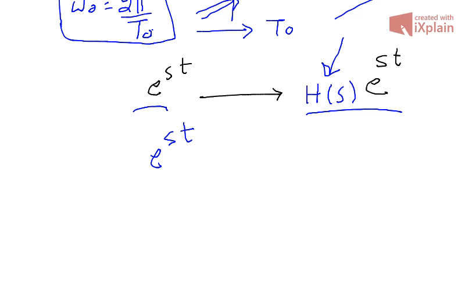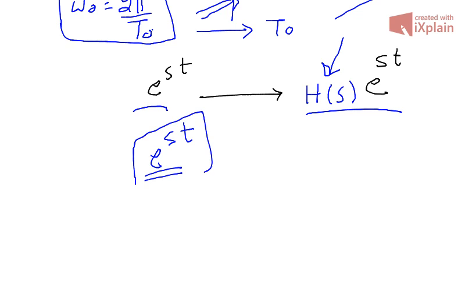So a signal for which the system output is a constant times the input is referred to as the eigenfunction.